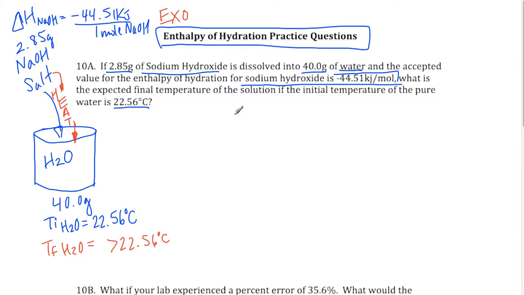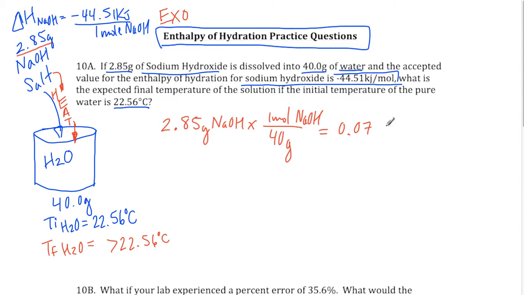So what we do is we first look at our variables, and I can take this grams of NaOH and convert it into moles. 2.85 grams of NaOH, into 1 mole of NaOH, you have to divide by the molar mass, which is 40 grams, and I get 0.0713 moles of NaOH.